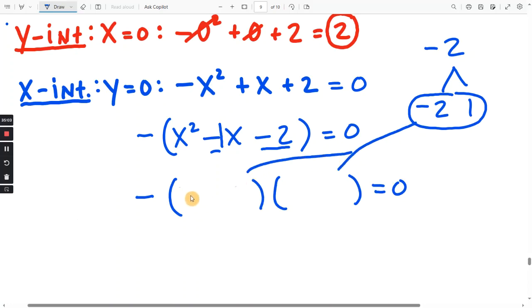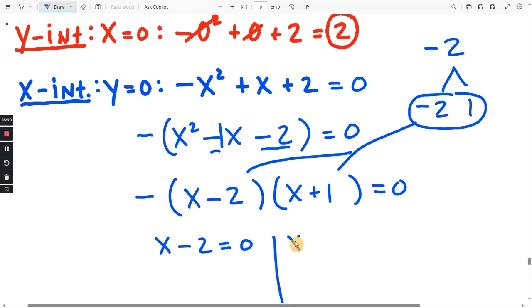So it's going to be x minus 2 and x plus 1. All right, either of these can equal 0 because anything times 0 gives us 0. So x minus 2 equals 0, and x plus 1 equals 0. Right here, x is 2 if you add 2 to both sides.